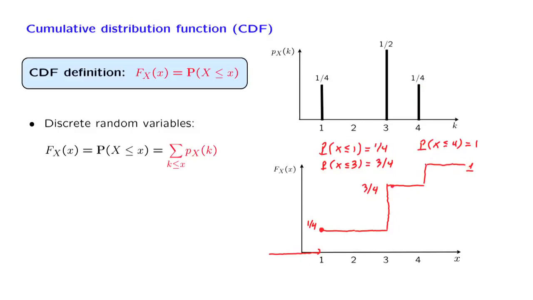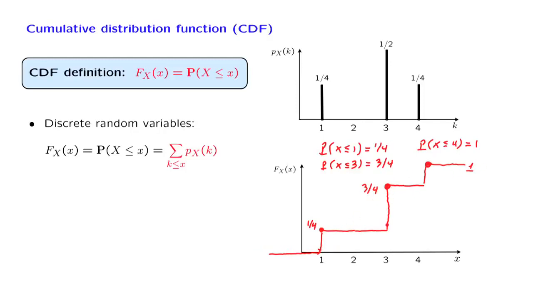Again, at the places where the CDF makes a jump, which one of the two is the correct value? The correct value is this one, and this is because the CDF is defined by using a less than or equal sign in the probability involved here. So in the case of discrete random variables, the CDF takes the form of a staircase function. It starts at 0, it ends up at 1.